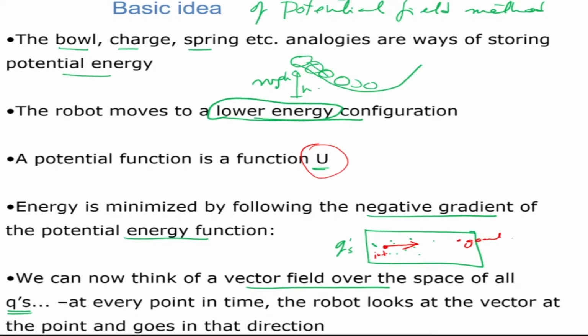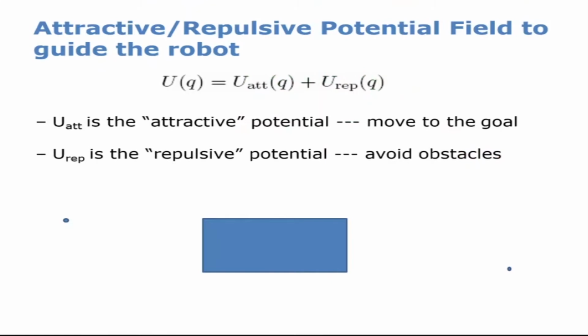Now in terms of force, as we go along, we'll see more about this. Now let's see what the various potential functions are that we use and how it works. We have an attractive potential and a repulsive potential field to guide the robot.